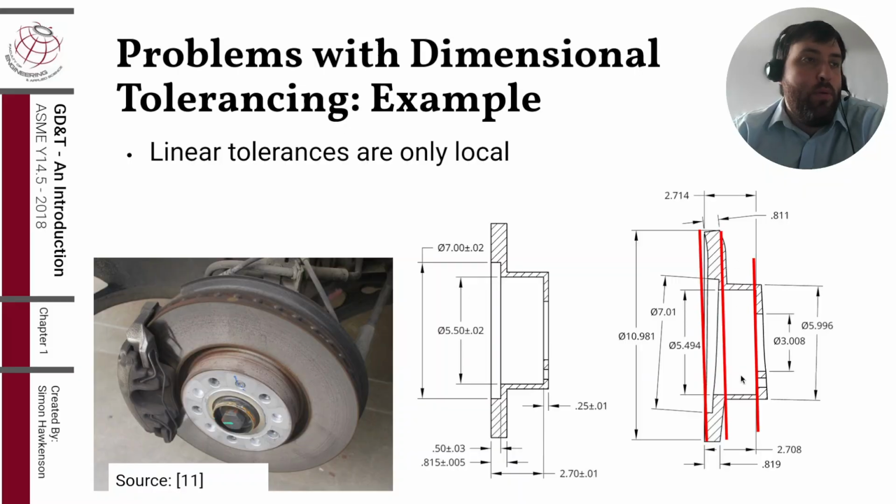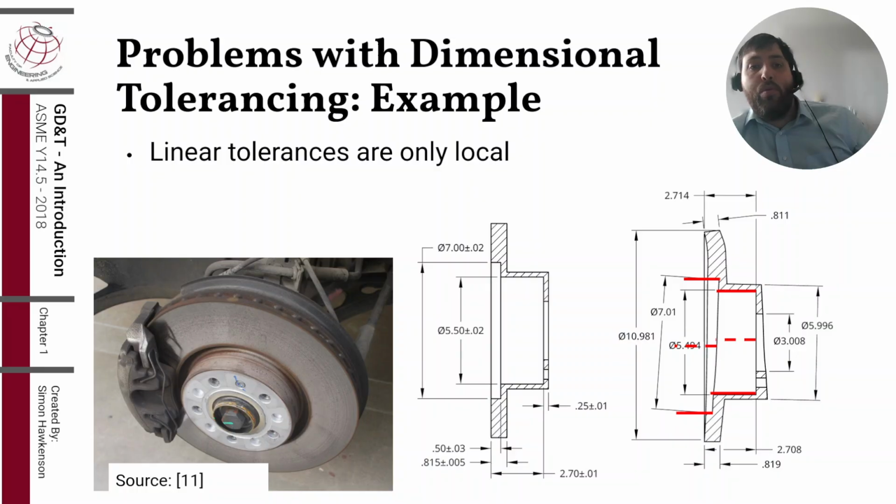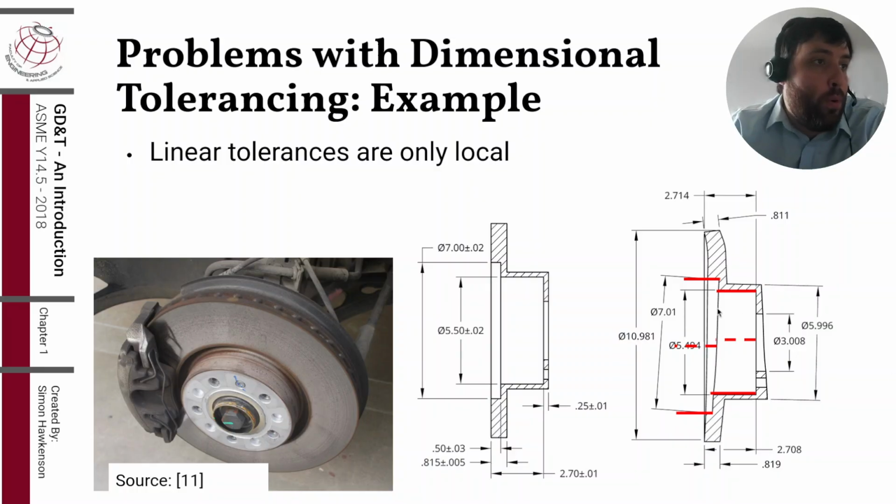Well, maybe we want the brake rotor surface to be parallel to the mounting surface. Perhaps we want these surfaces here to be perpendicular. And lastly, perhaps we want the center of this cylindrical borehole, so this one here, to line up with the center of this cylindrical borehole. We can do all of that with GD&T and more.